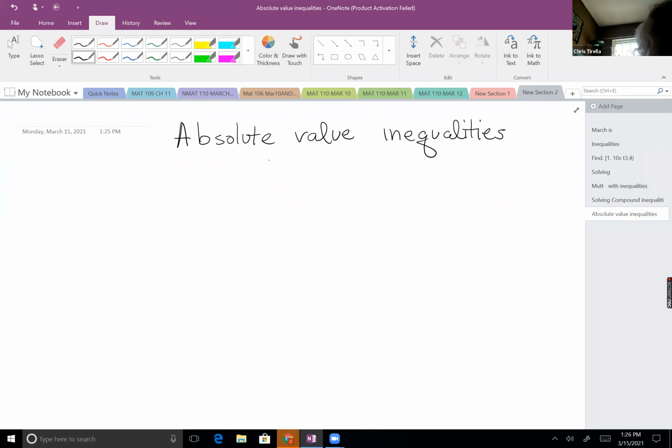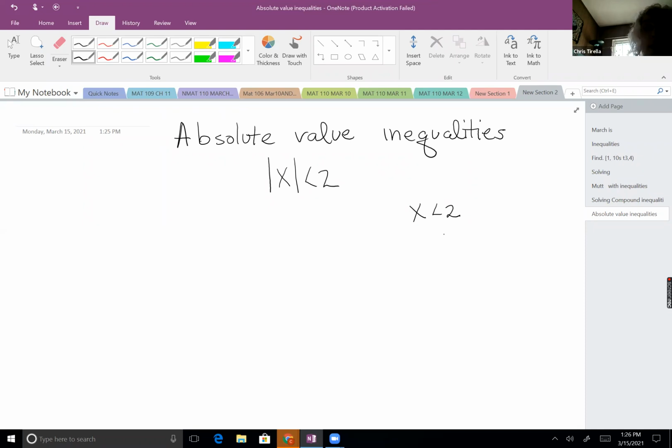First, I'm going to see what it means if the absolute value of x is less than 2. I think it's obvious that x would have to be a number less than 2. But I don't think it's all numbers less than 2.